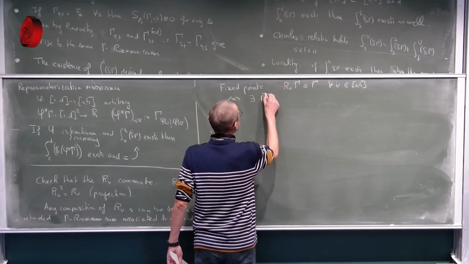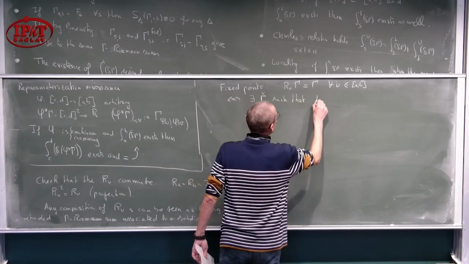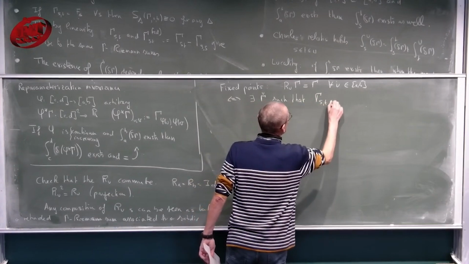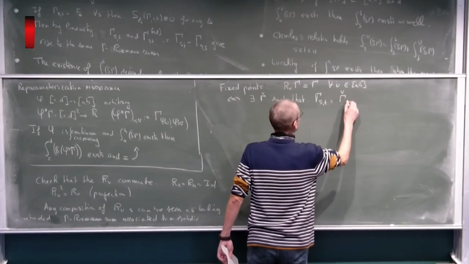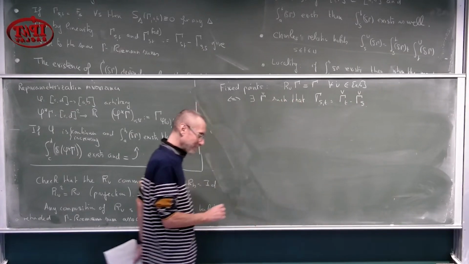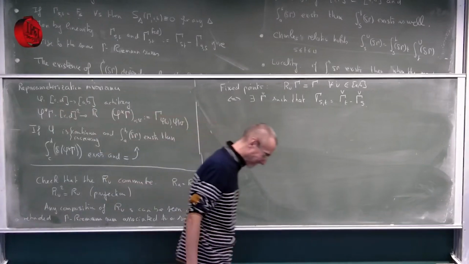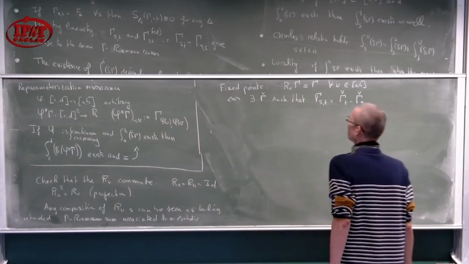There is a gamma hat such that gamma_ST is gamma hat_T minus gamma hat_S. Okay, so it's easy.